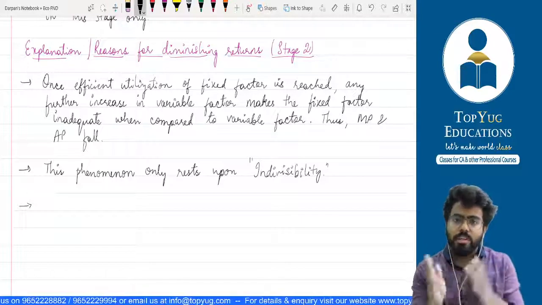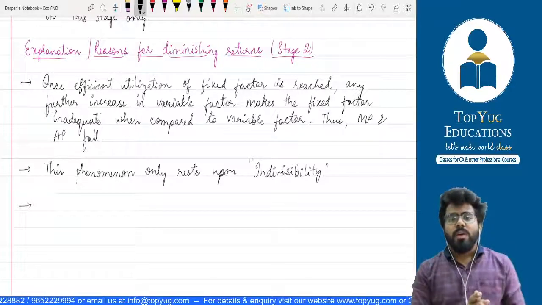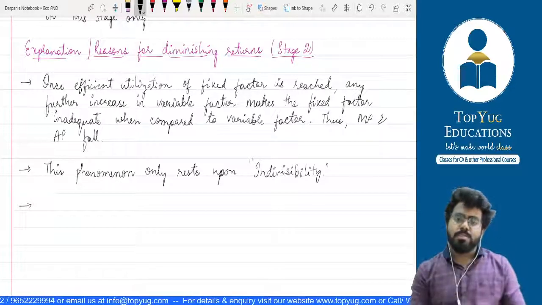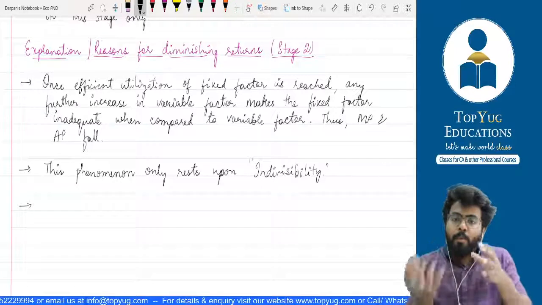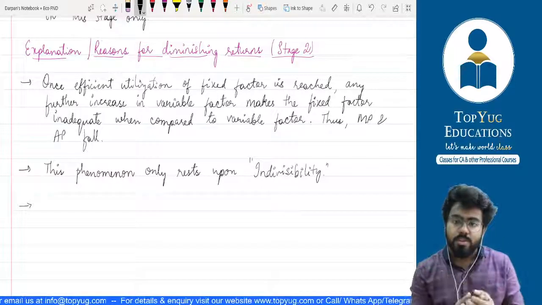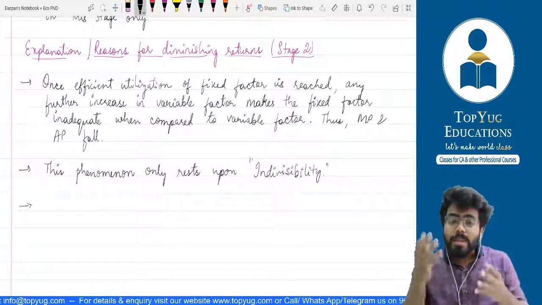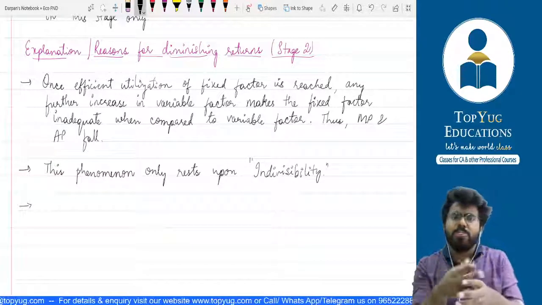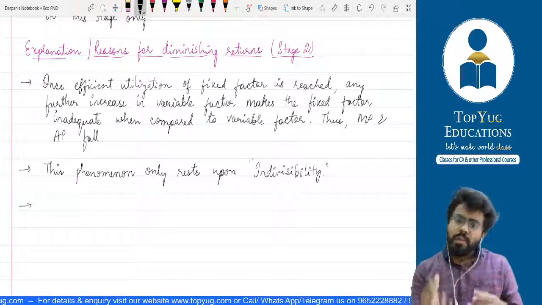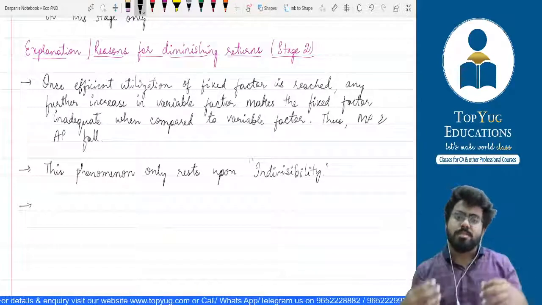Obviously no, they are imperfect substitutes. So more and more labor without increasing your machinery, will it do good to you? No. Why? Because labor cannot do the job of machine, right? You will have to employ machinery. They are not perfect substitutes.